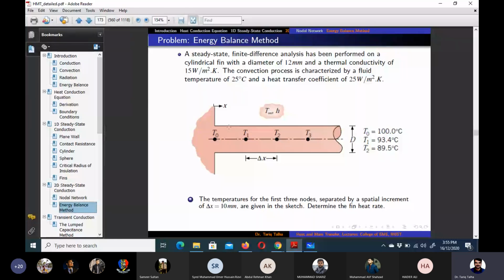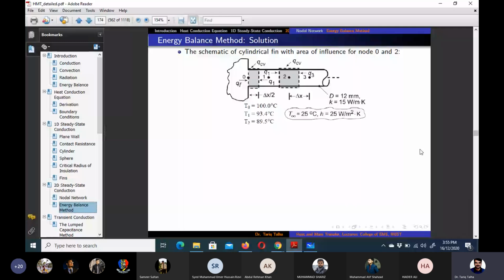If we apply the energy balance at T naught, we get one term Q convection, which is coming in, and then Q1, which is coming from T1, because in the energy balance all the energy would be going into node 0. In the schematic they have shown that QF is the heat transfer which we need to determine, and QCV is the convection heat transfer which would be coming in.